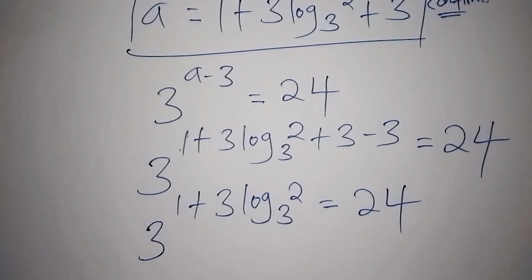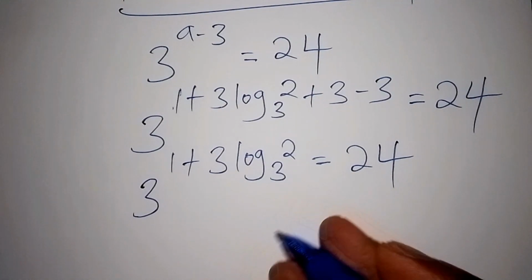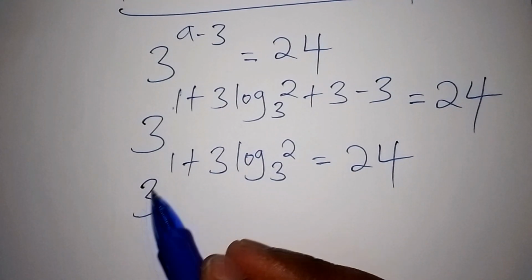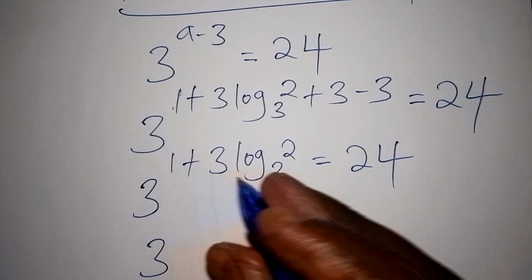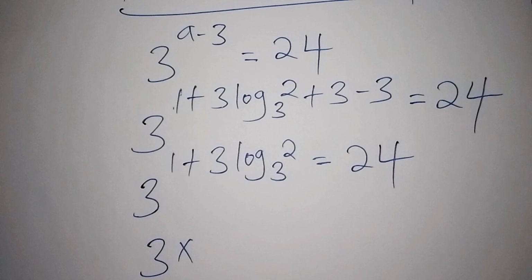So here now we shall have 3 to the power of 1. So 3 to the power of 1 is 3, that is like 3 multiplied by 1 is 3. Then the plus shall now change to multiplication.